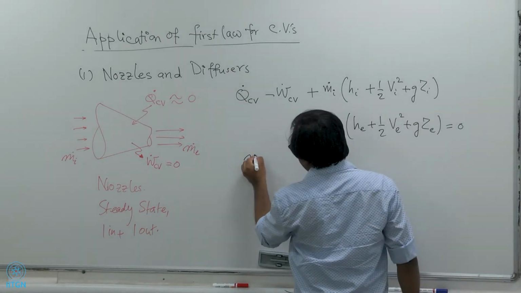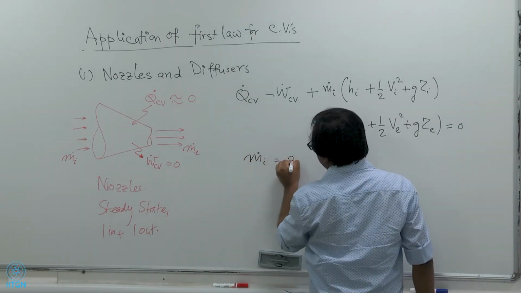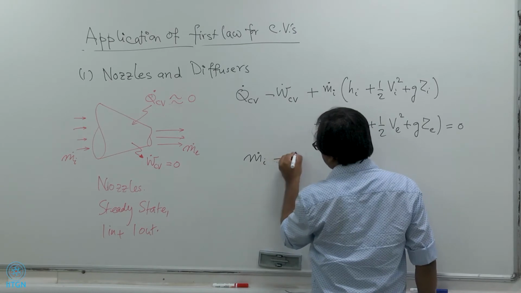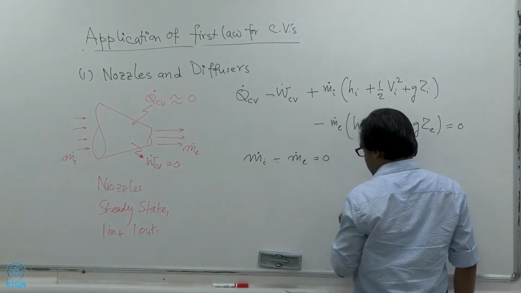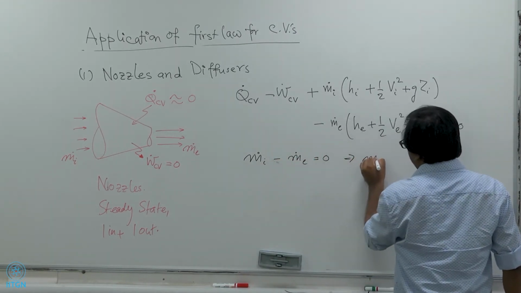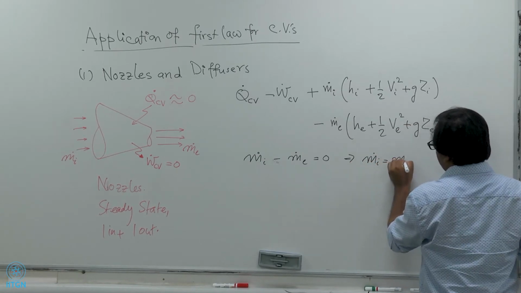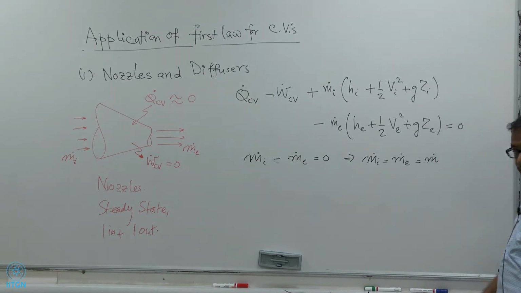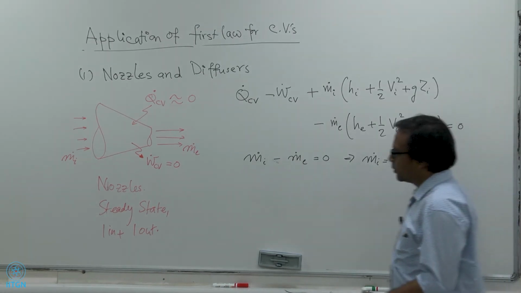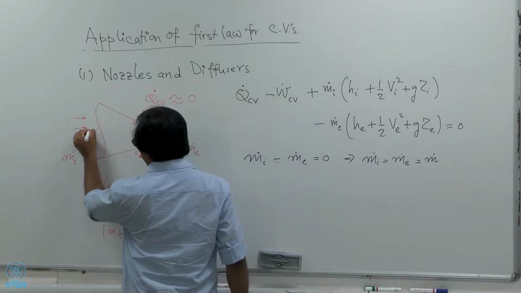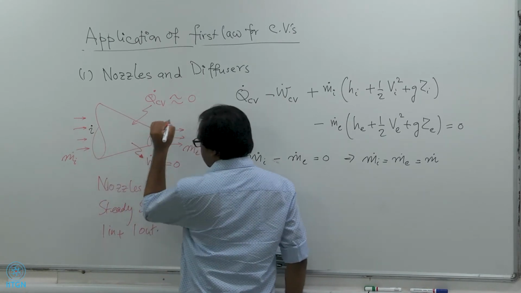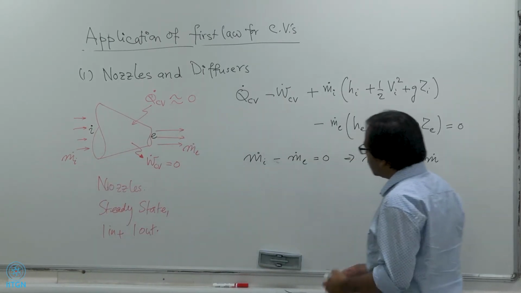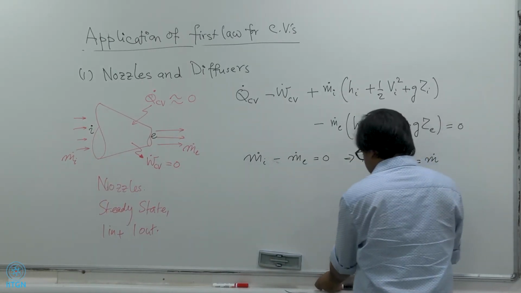Mass conservation tells us m dot I minus m dot E is equal to 0. From this I can say that m dot I is equal to m dot E, which I can just call m dot, the rate of mass flow. This is the same at both the inlet and the outlet. Recall that this is the inlet and this is the outlet, I and E. So, now we can see which terms we can cancel out.